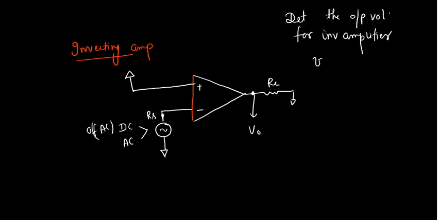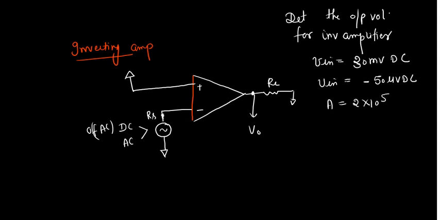When your V in is 20 millivolt DC, and for the second case, your V in is minus 50 microvolt DC, or you can assume it's 30. And the parameters are similar to our previous example. So A was 2 to the power 5, the open loop voltage gain.